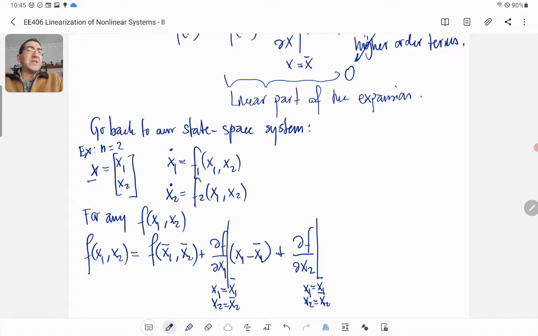Now both of these derivatives, with respect to x1 and with respect to x2, can be a function of both x1 and x2. So you need to fix x1 and x2 in order for this to become a scalar coefficient. And now we multiply with x2 minus x2 bar. Plus, this normally continues indefinitely, so we have higher order terms. But what we do is that we ignore those higher order terms and we make this an approximation.